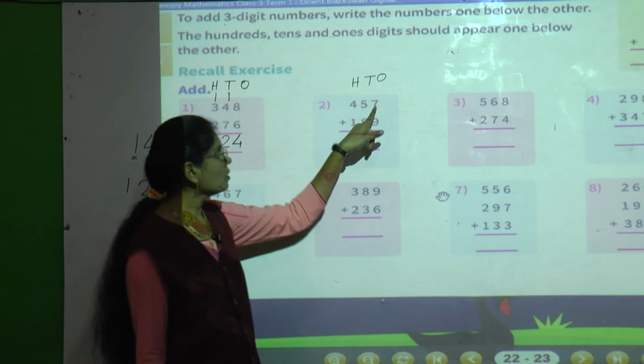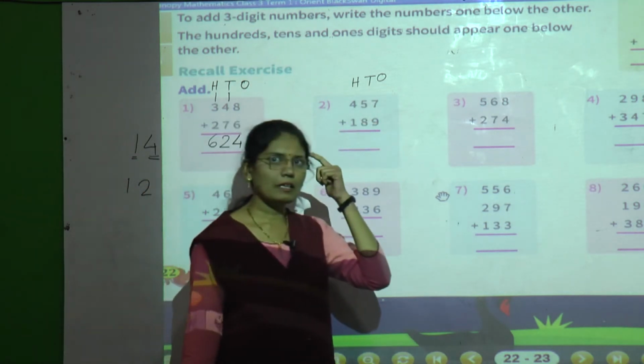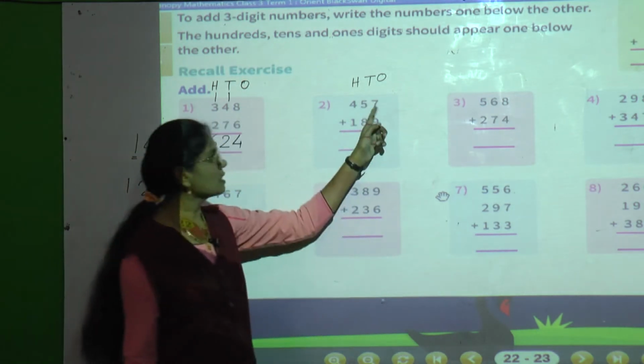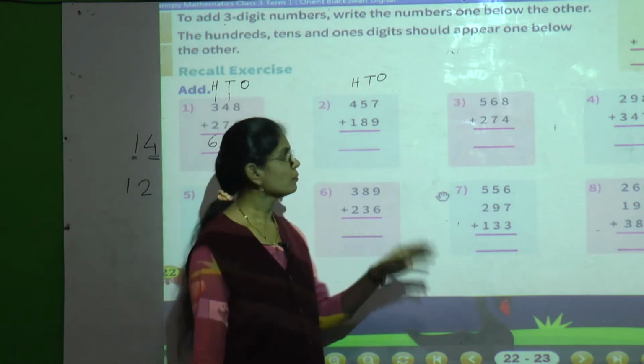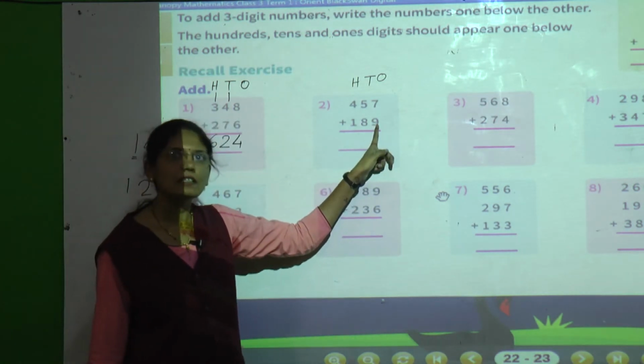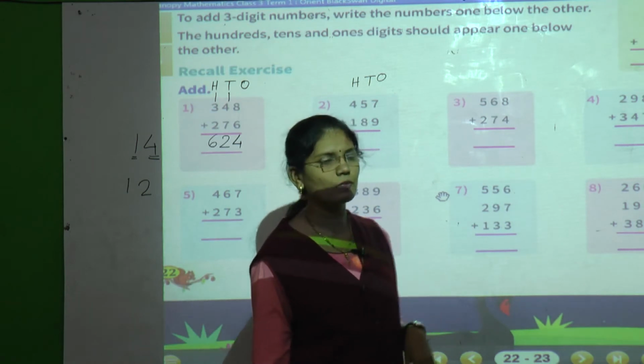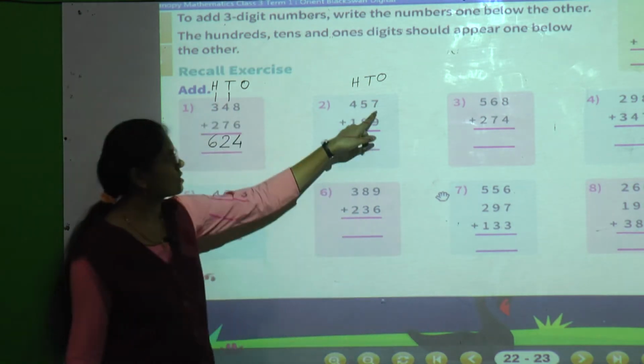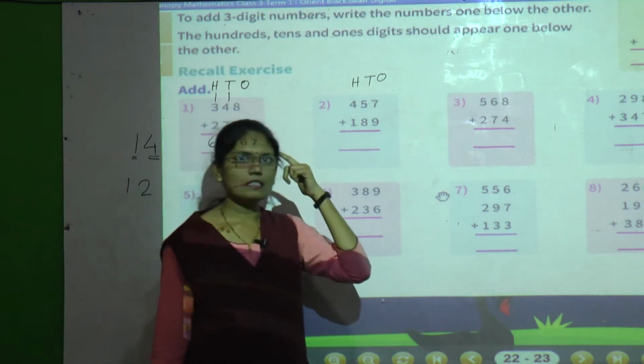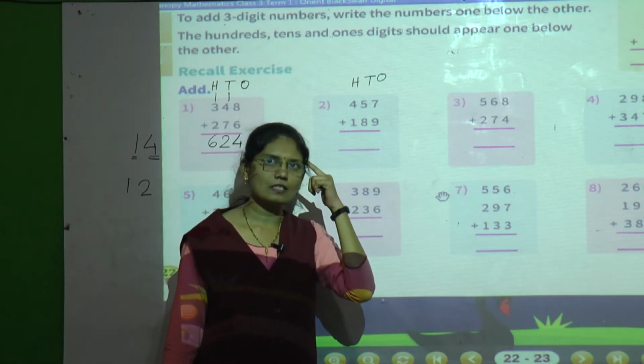Okay. Now this 7 we will keep in our mind. Okay. Now the next number is 9. Take out your 9 fingers. Yes, show your 9 fingers to me. Do the addition in your mind. Which number is in our mind? Yes, 7.